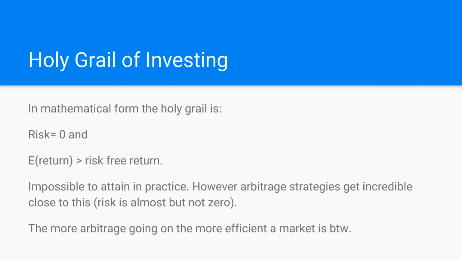So the more arbitrage you have, the more efficient the market is. But sadly, it's not for retail investors. These kinds of trading strategies are not available to retail. Maybe in a different lesson I can explain the strategies, but just for curiosity, because there is no way any of us can do them.